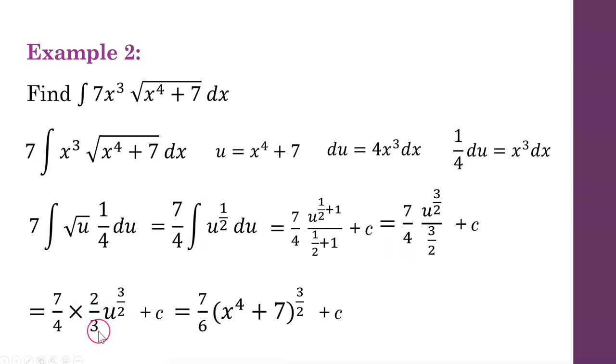So 7/4 times 2/3, I can simplify, I get 14 over 12 or 7/6, and the u was replaced with x to the fourth plus 7. And maybe finally just put it back in the form we found it, which involved the square root, right? So take the 3/2 and rewrite it as the square root of x to the fourth plus 7 to the third power, plus c.